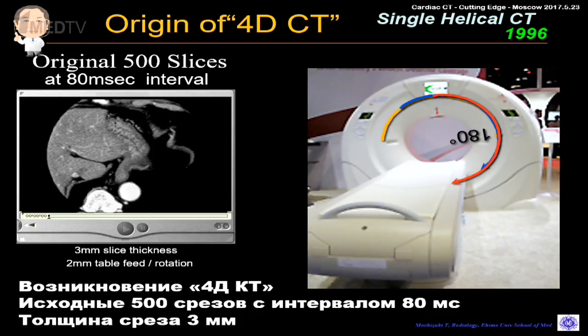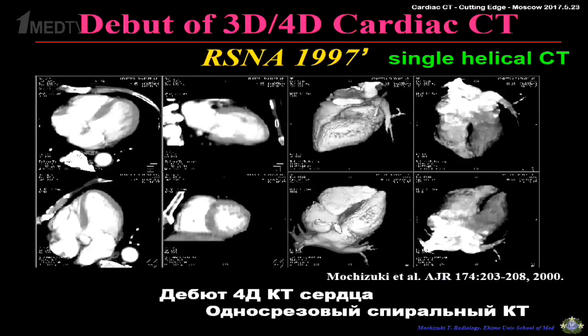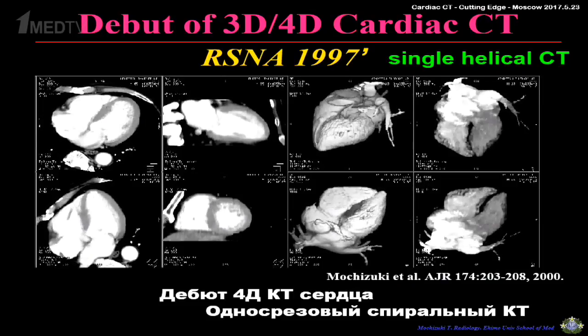I manually selected the phase and made this 3D, 4D cardiac CT 20 years ago using a single helical CT and without ECG gating. It took me only overnight work to select each phase.